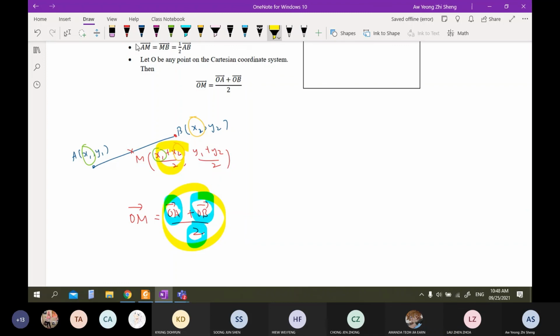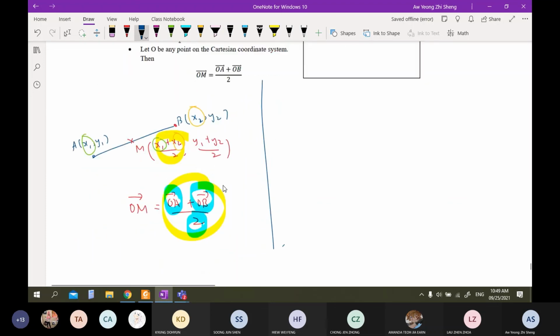So basically the midpoint formula for vectors is the same idea and concept as the midpoint formula using coordinates, just in a more compact form. And the same will be applicable for 3D as well.